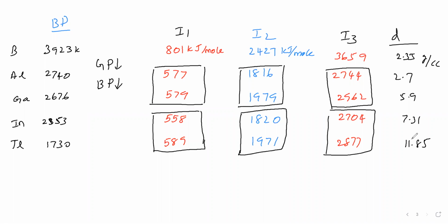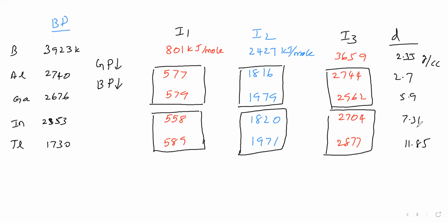Now see the density of boron family elements. From boron to aluminum, density decreases. Aluminum to thallium density increases, like electronegativity. In electronegativity, boron to aluminum decreases by 0.5, and aluminum to thallium increases by 0.1.